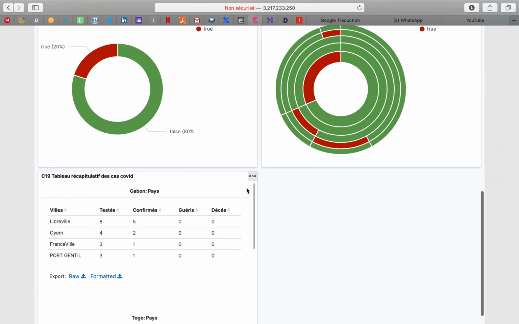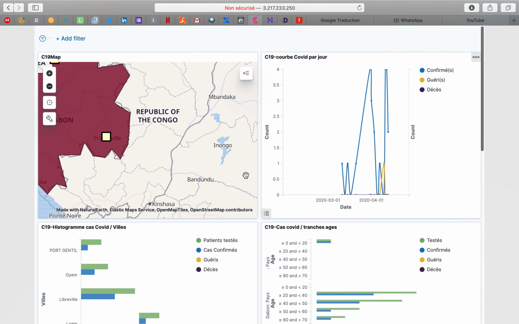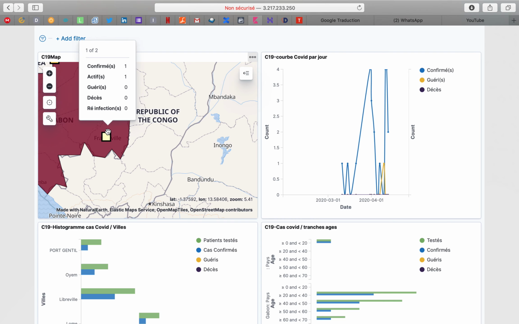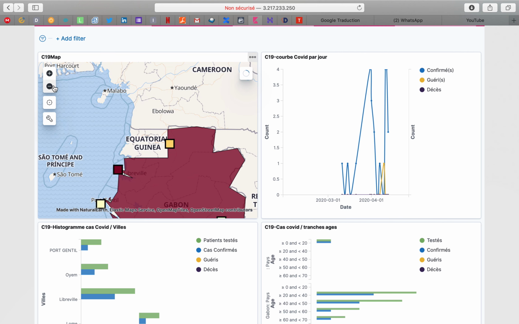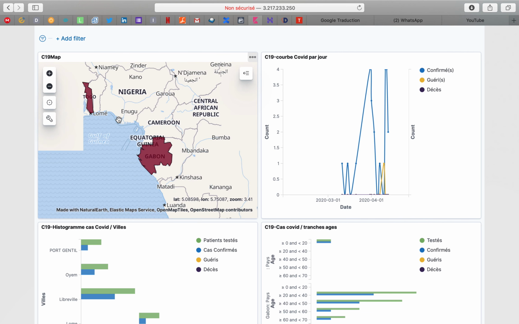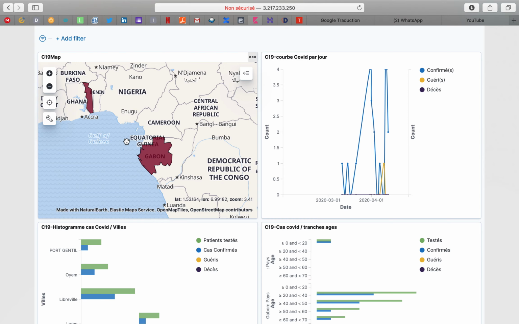For test purposes, let's go to the mapping. As you can see on the mapping here, we have worked with simulations on Togo and Gabon. Let's reduce it a bit so that you can see what is happening.